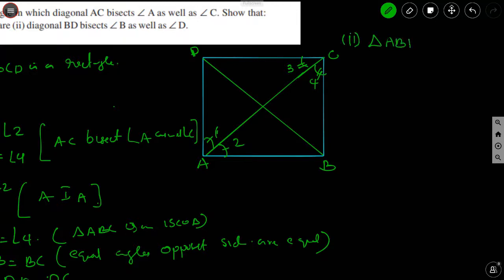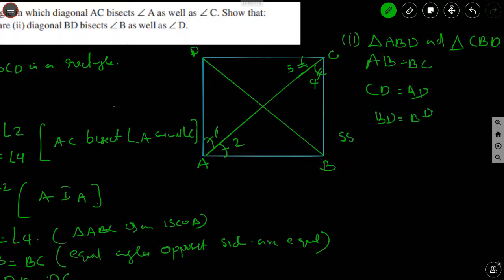Triangle ABD and triangle CBD. You will get AB is equal to BC because they are sides of the square. Then CD equal to AD. Then BD is equal to BD, common.